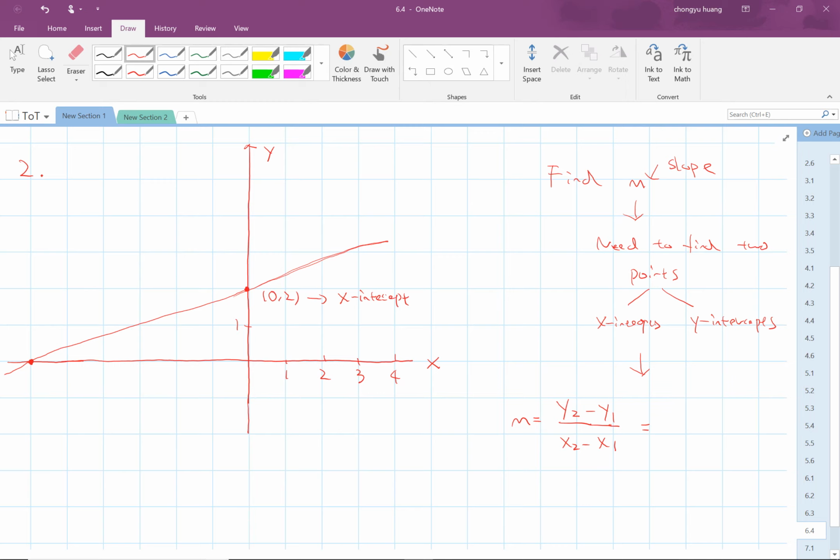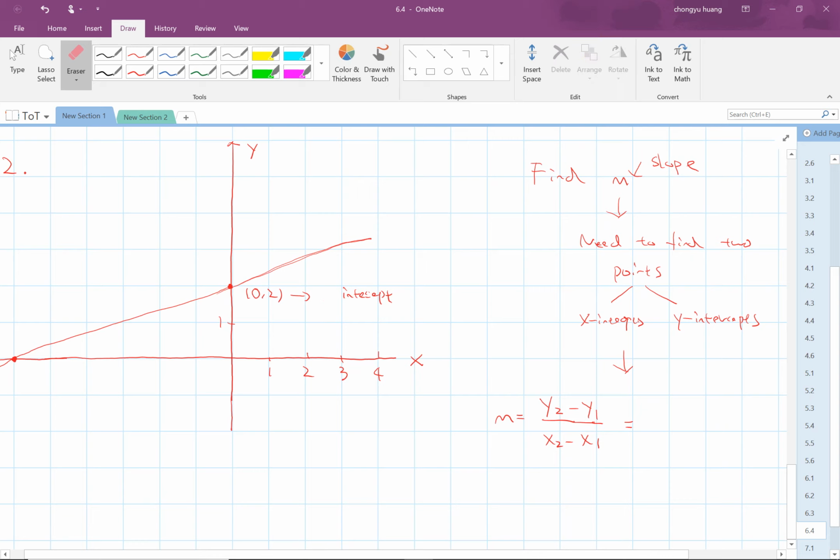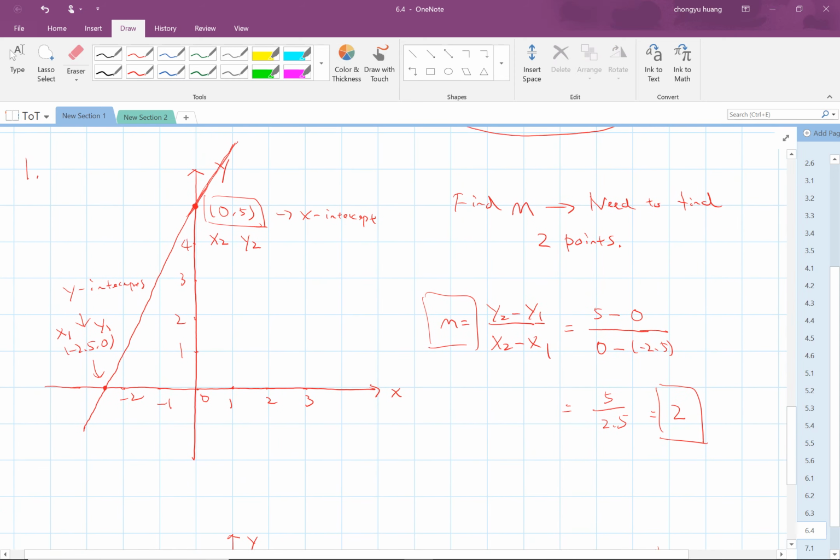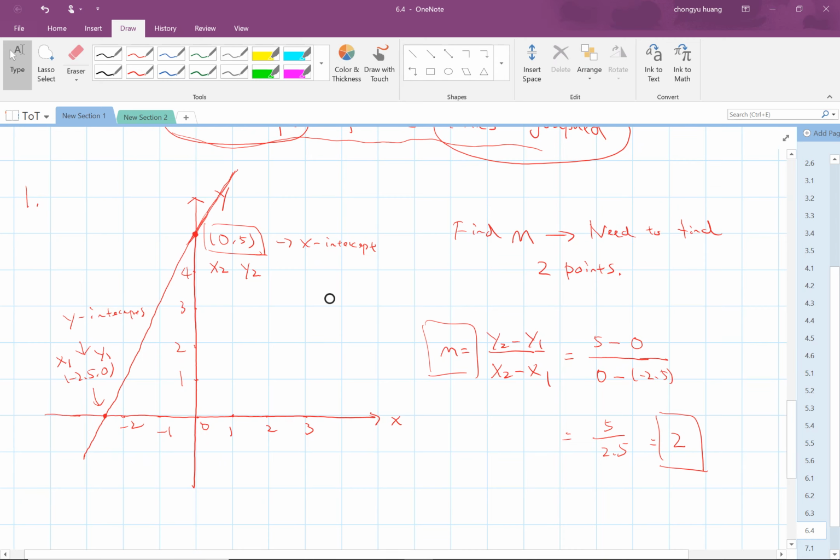Oh, sorry. Okay, I always kind of make those kind of mistakes. I think this one is actually the y-intercept. Sorry about that. Okay, so this one is actually the y-intercept.